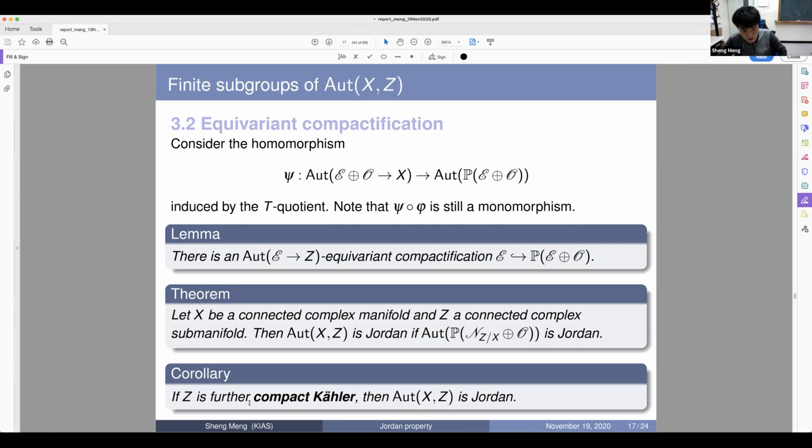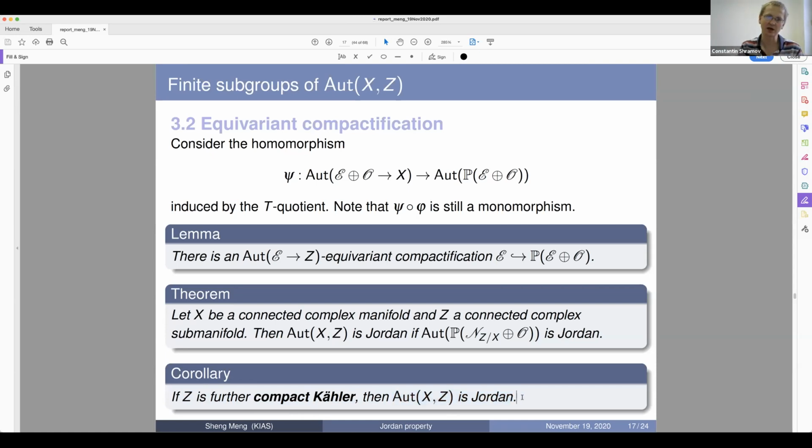Then, if it is possible, you can find some invariant curves. For example, some compact surface with algebraic dimension 0 may have some curves, but only finitely many. Now, these curves are always invariant or periodic. So in this way, you can apply this result because curves are always projective. So by using this, you can show it is Jordan easily. Yeah, this is one simplification, maybe.